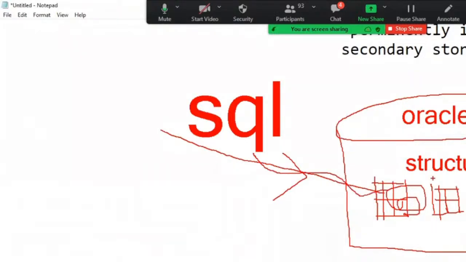But databases like MongoDB are different. There is no SQL there; it uses JavaScript-type languages. Here, SQL is one separate language through which we operate on data in these types of databases.